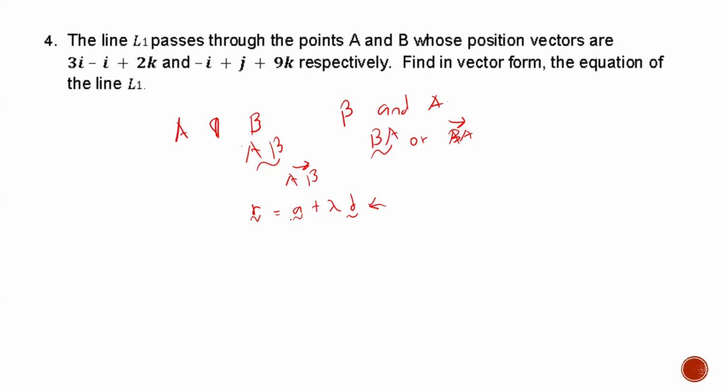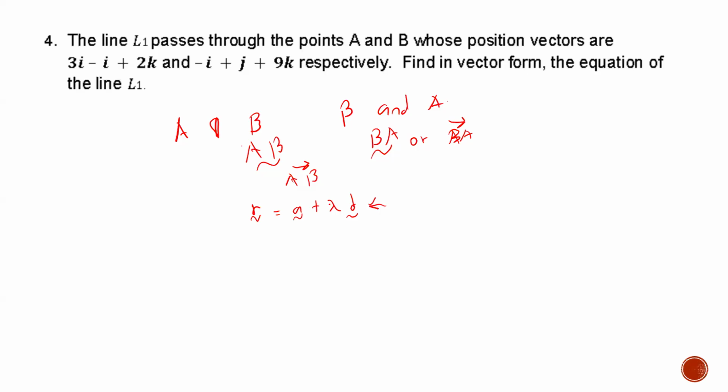I'll also elaborate what these letters mean, because sometimes your teachers don't tell you. The r implies a general point on this line. The point a implies a known point on this line.